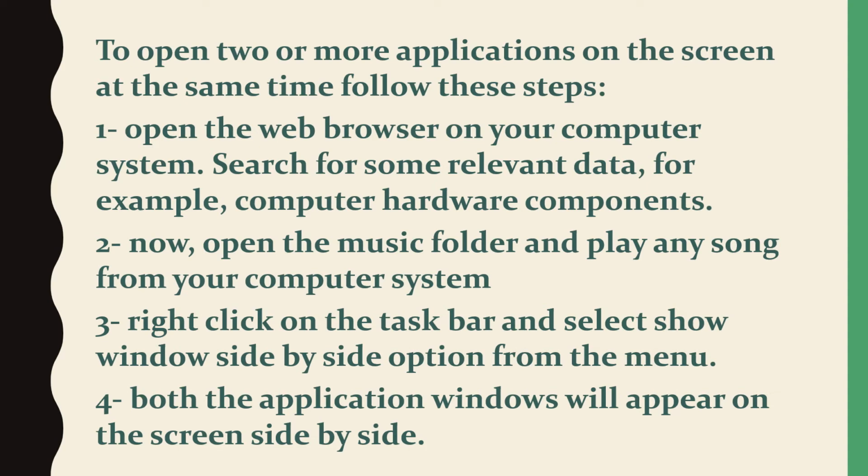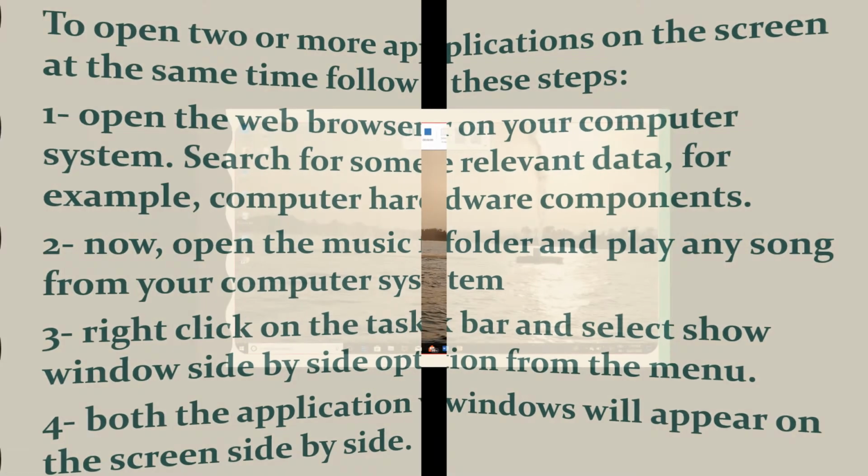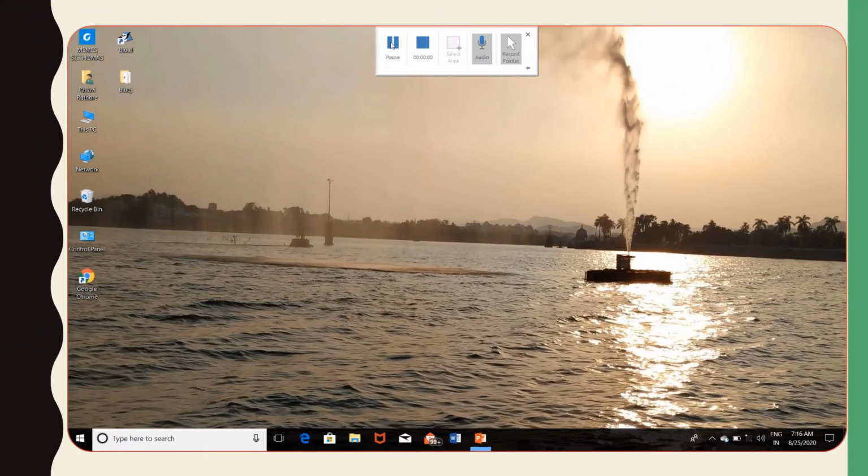Now, let us understand how we can show multiple applications at the same time on the screen with an example. We will understand how we can work with multiple applications at the same time. First of all, let us open two applications.